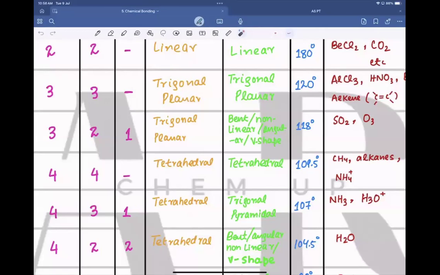Yes, Alishba, till here, is it fine? Yes, sir. Now, we do not have any other possibility having a central atom with 4 electron pairs beside these 3, right? Yes, sir. Then we will move to the next case, which would have 5 bond pairs, or 5 pairs of electrons.